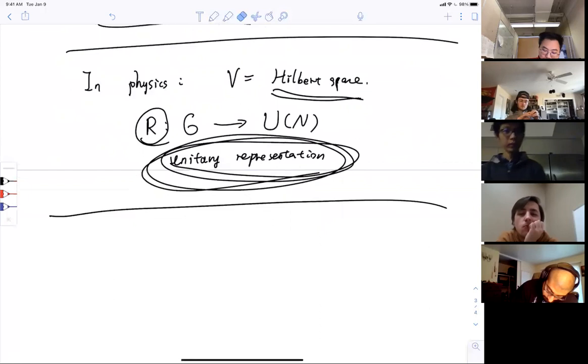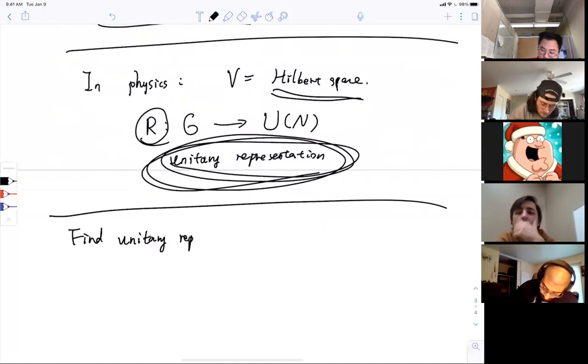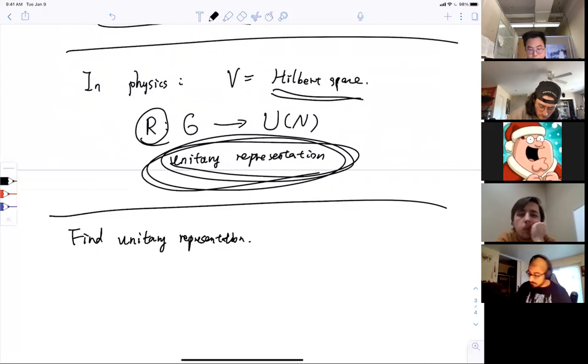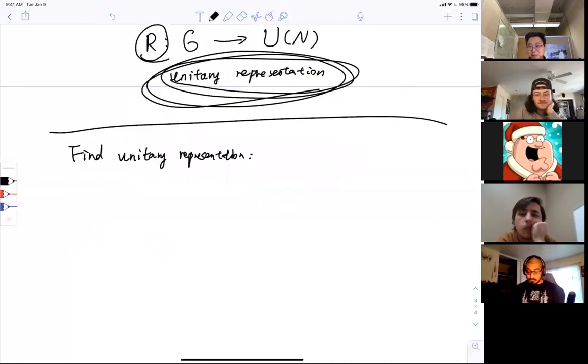How to find it? If you take a group theory class, there will be a rigorous procedure you can follow to find the representation. But I don't want to do that. That's the task of the group theory class.